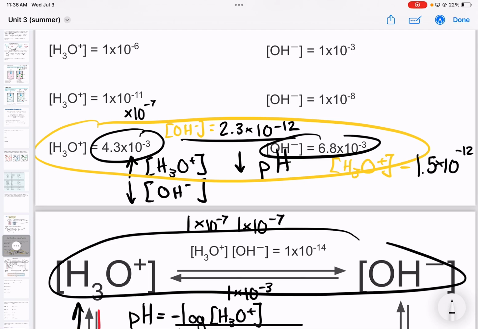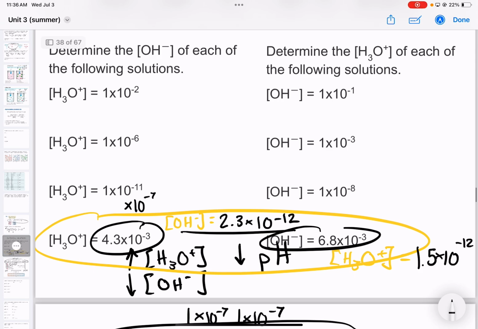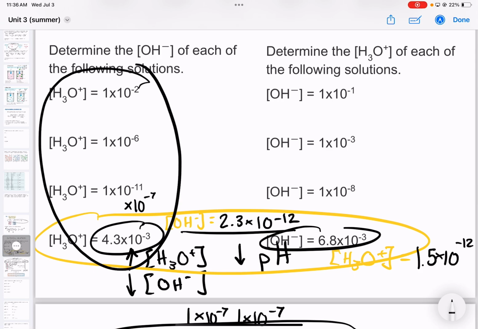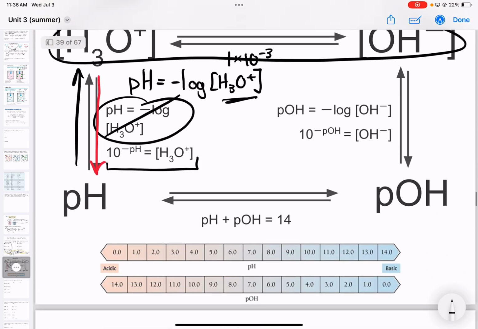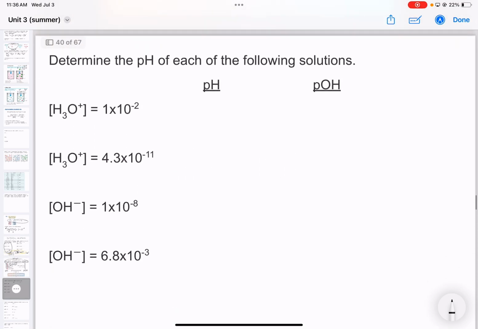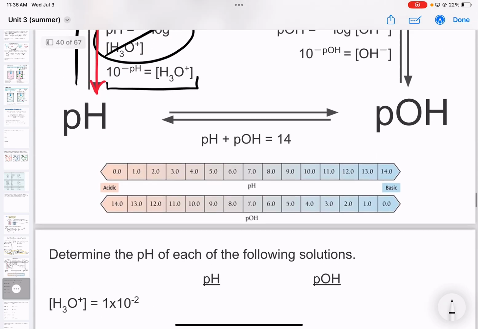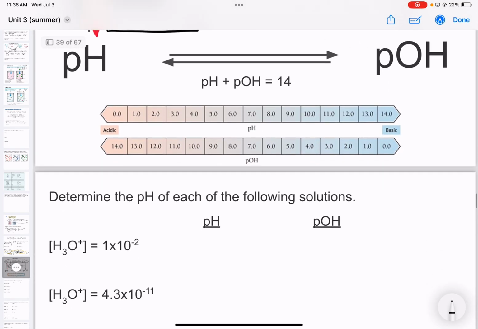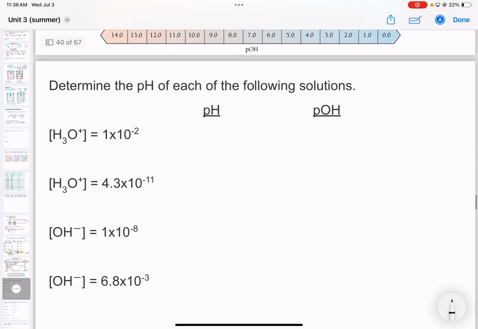Okay, why don't you give me the pHs of each of these solutions now? Oh, just kidding. Go to the next page. Go past that calculation page, and let's do these ones. So just do the pH column, and we're gonna do all 4 of those.